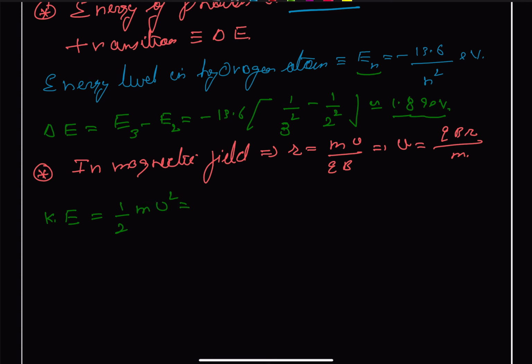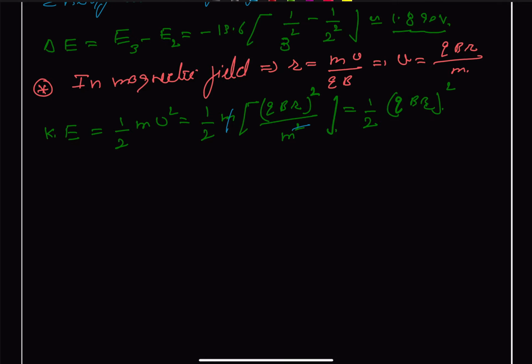We substitute the value of v, we get half m times qBr whole squared upon m squared. Square cancels with m, and we are left with half times qBr whole squared over m.